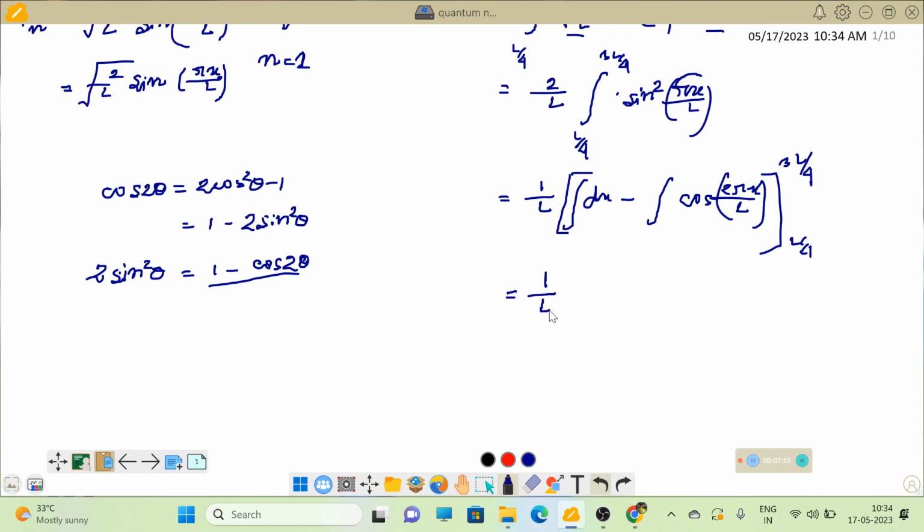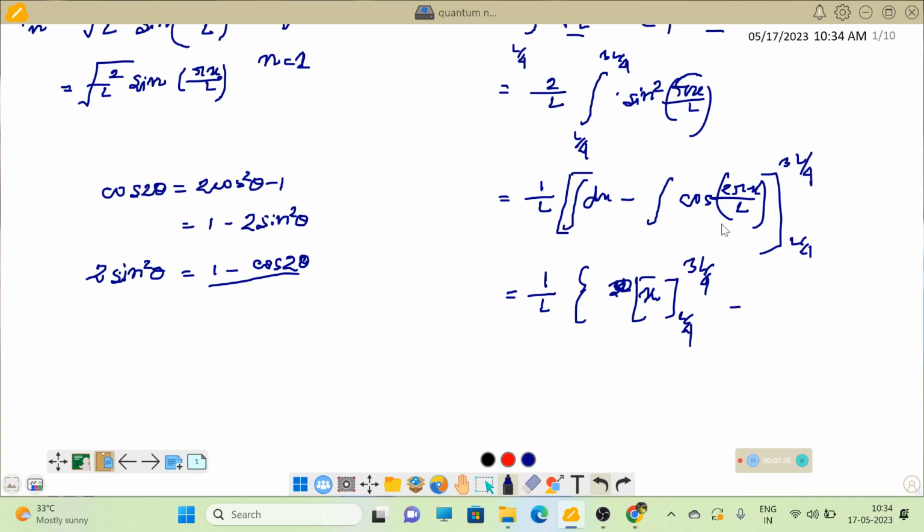So 1 by L, and here 3L by 4. See, x will come, L by 4 will come, simple integration.